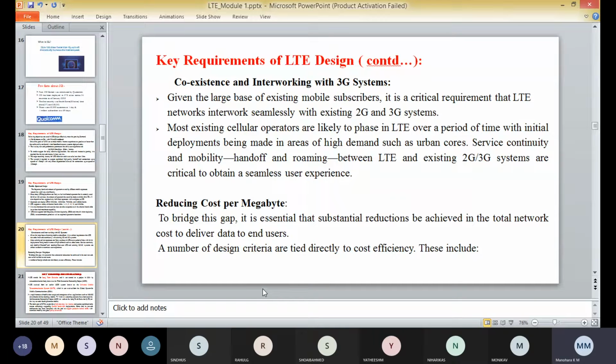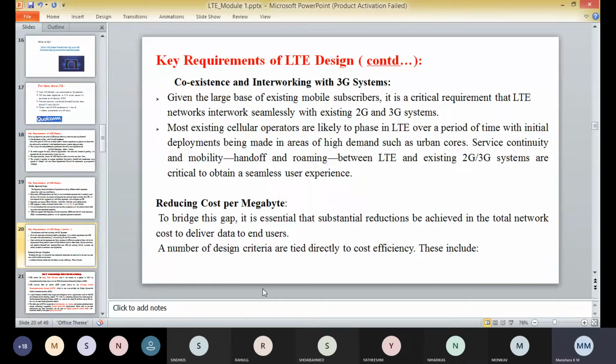To bridge this gap, it is essential that substantial reductions be achieved in the total network cost to deliver the data to the end users. So the 3GPP recognizes this issue and has made reducing the cost per megabyte of data a key design criterion for LTE.